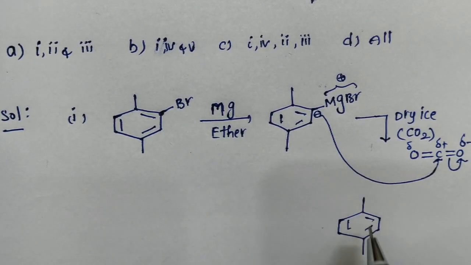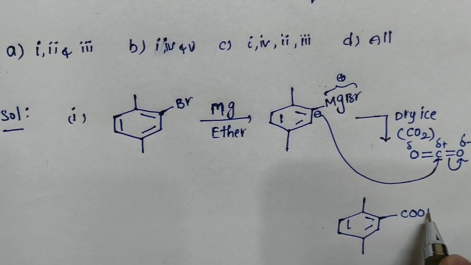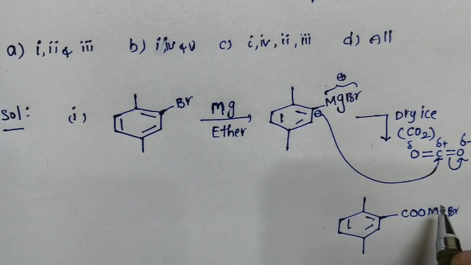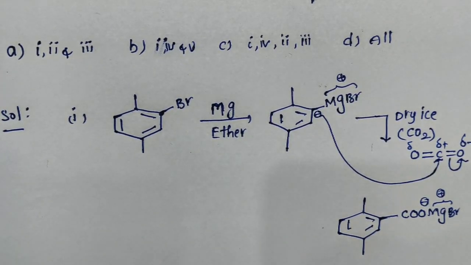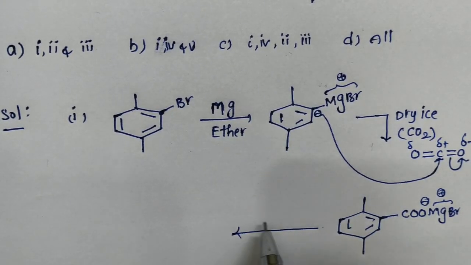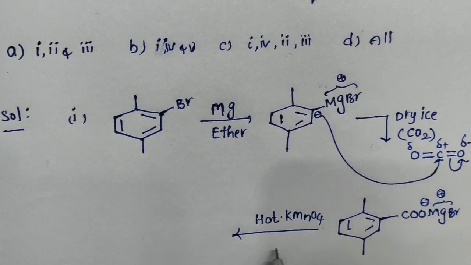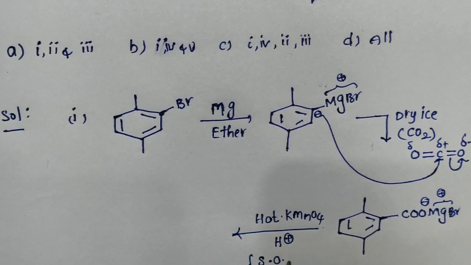Here CH3, here also CH3 group, and here we can write COOMgBr. The MgBr part alone is the positive part, COO minus. Further, in the presence of hot KMnO4 in acidic medium, it acts as a strong oxidizing agent. It easily oxidizes all kinds of groups on the benzene. What are the groups present on the benzene?